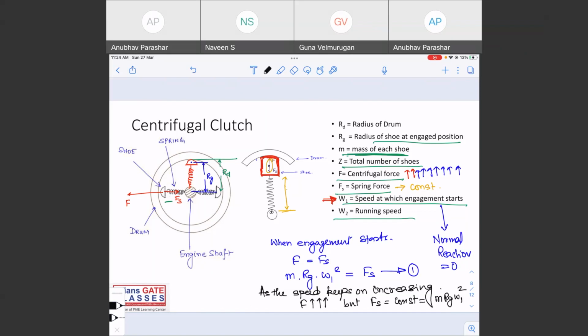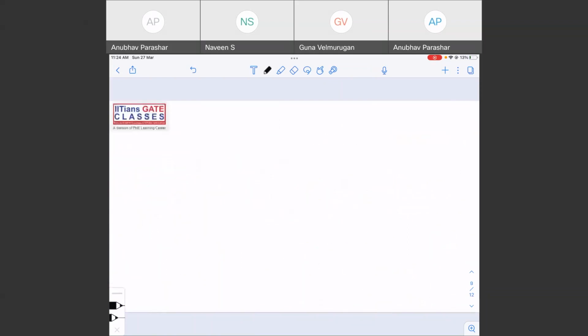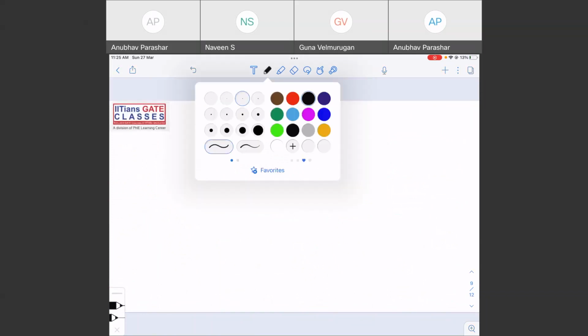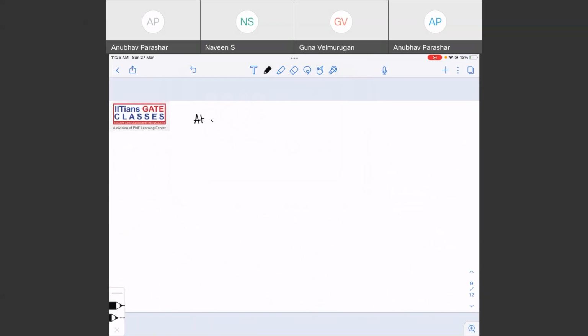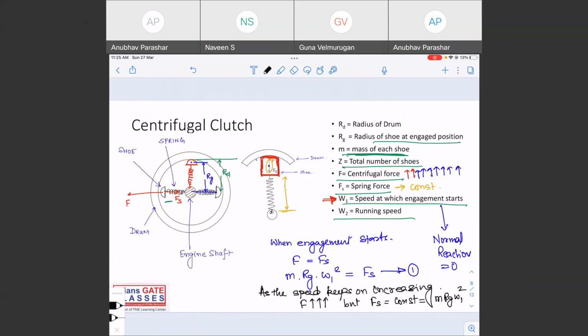So when I'm running at speed W2, the running speed, what is happening? I hope all of you can see my screen.